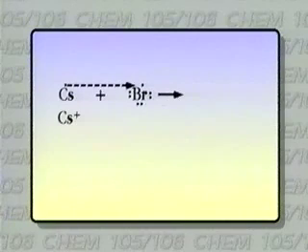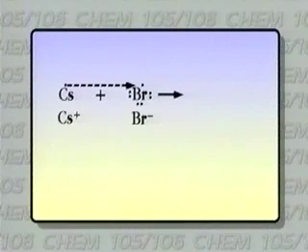So we're going to produce a positive ion, and we're going to produce a bromine with a -1 charge. And therefore, these two are now held together by opposite charges, by the electrostatic force. That's what we're talking about in ionic bonding. Electrostatic attraction is what's holding this together.